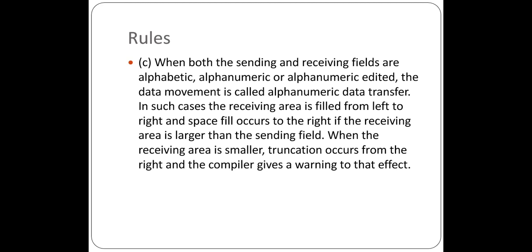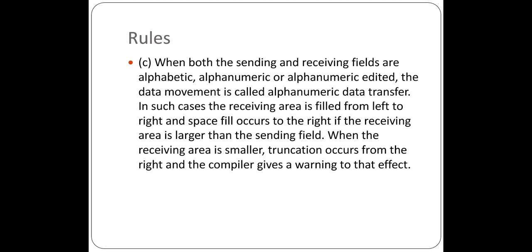So in such cases, the receiving area is filled from left to right. This is going to be the first condition that we have. So whenever we move the data from one identifier to another identifier in alphanumeric data transfer, the values will be filled from left to right.